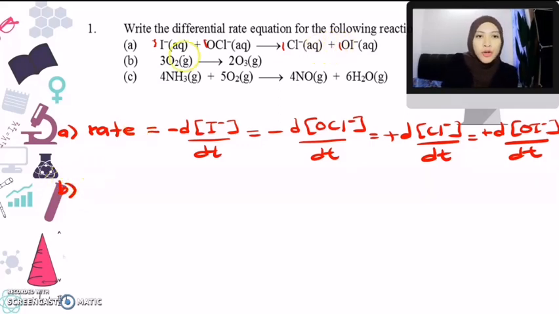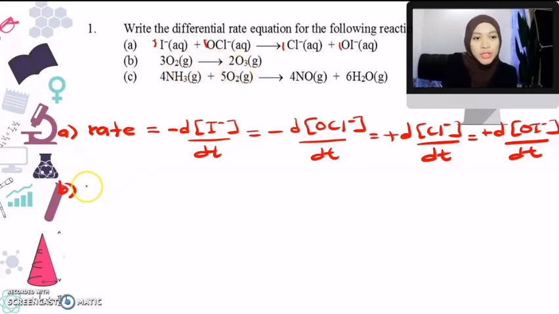For question A, all the coefficients here are 1, but for question B, we have 3 O2 and 2 O3. This means 3 moles of O2 disappear, 2 moles of O3 will be formed.